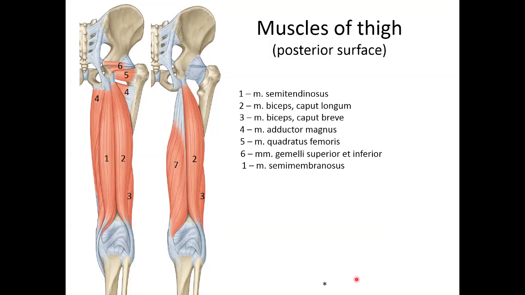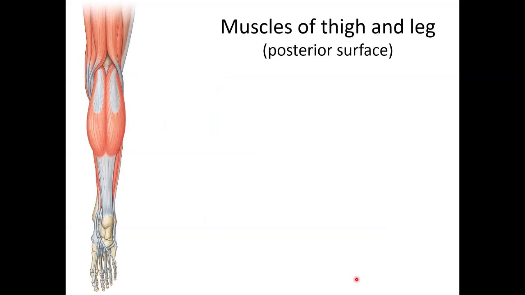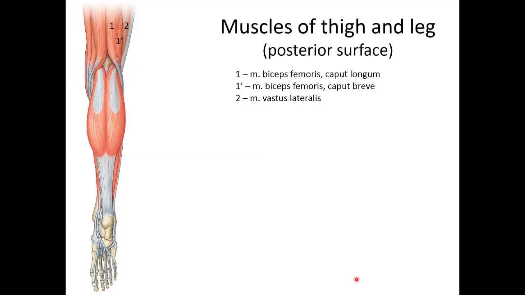So, and now muscles of the thigh and leg from the posterior surface. Muscles of the thigh we already know. Number 1 is musculus biceps femoris, caput longum. Number 1 and dot, biceps femoris, caput breve. Number 2 is musculus vastus lateralis. Number 3 is musculus semitendinosus.